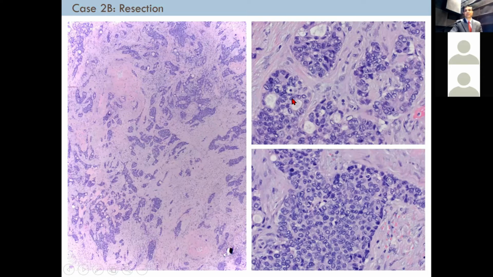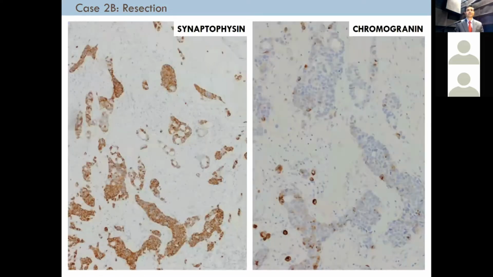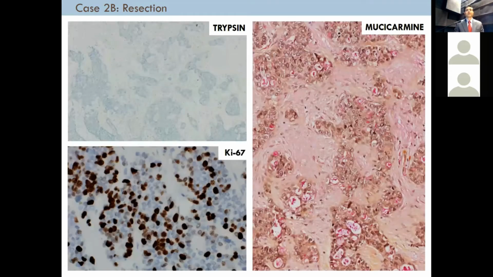Over here, you can see these glandular elements that are intermixed with the high-grade solid neuroendocrine carcinoma-like areas. The staining was consistent with what was seen on cytology. Mostly the cells were positive for synaptophysin. Chromogranin was focally positive. We also did trypsin, which, in contrast to the previous case, was negative.